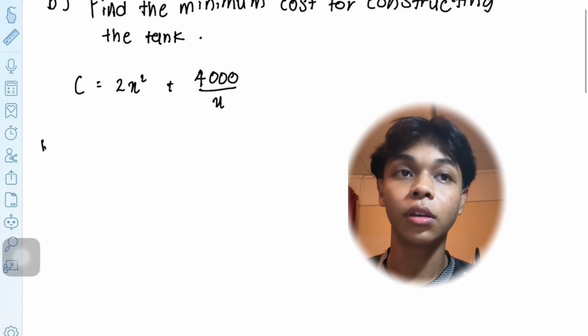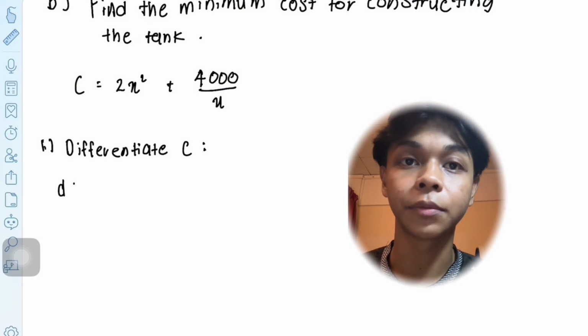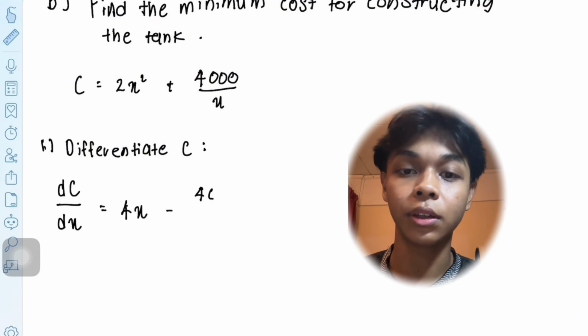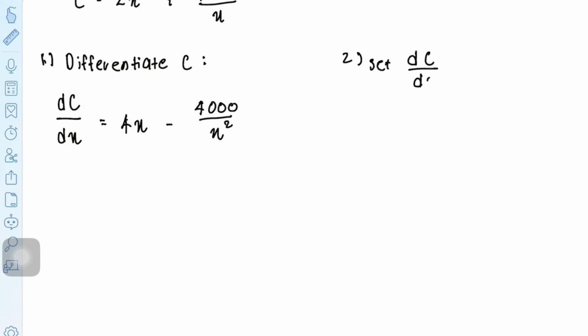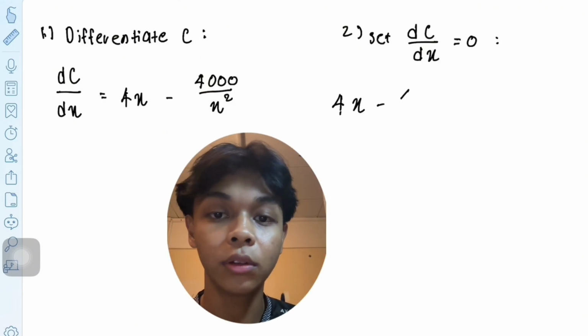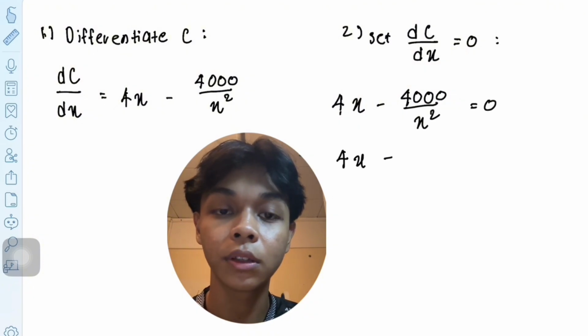For part B, we use the same information as part A. We have to find the minimum cost for constructing the tank. First step, we differentiate C. The equation is dC over dx equals 4x minus 4000 over x squared. Second step, we set dC over dx equal to 0. So the equation is 4x equals 4000 over x squared.